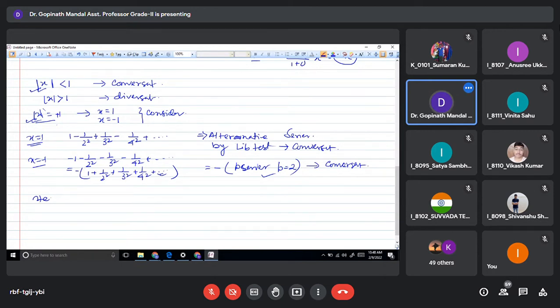Hence we can say the interval of convergence of this series is minus 1 less than or equal to x less than or equal to 1.